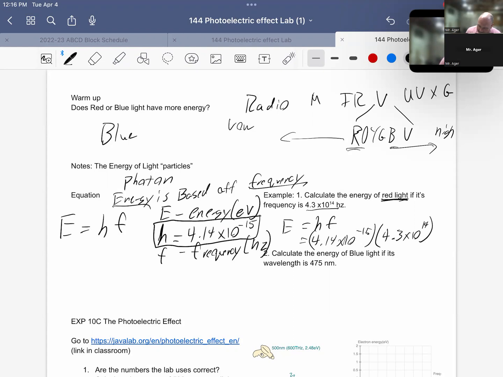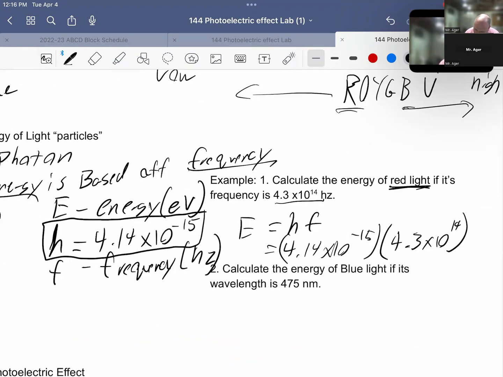All right. And when I multiply those together in my calculator, you can try it out as well, I get 1.78 eV, electron volt. Remember, it's going to come out as electron volt with this equation. And so that's the energy for a particle of red light.